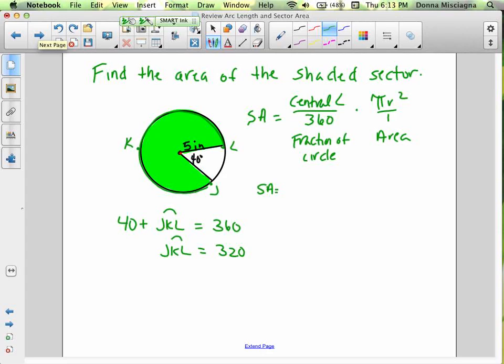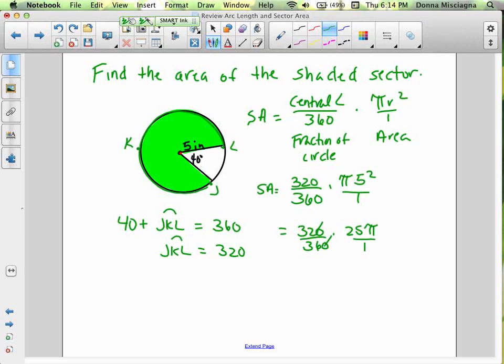So the central angle is 320 degrees. The whole circle is 360. That's the fraction of the circle we want. And then we have pi times 5 squared. Let's square first. So that's equal to 320 divided by 360 times 25 pi.